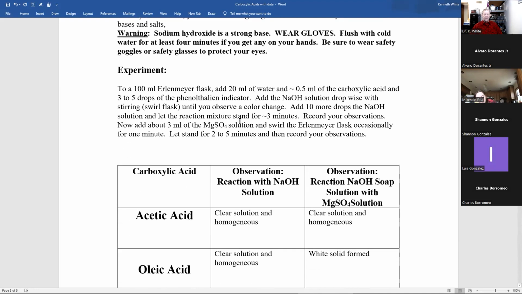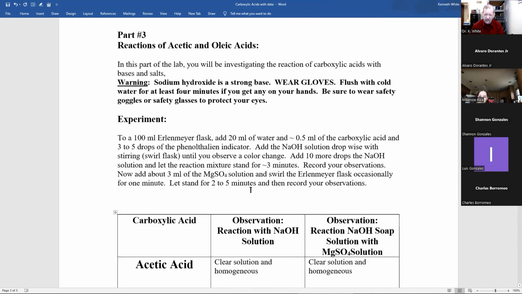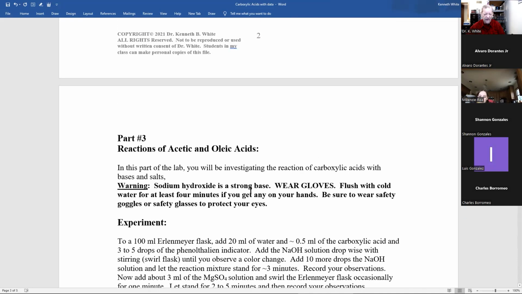Now, here's what you're going to do. You're going to react in water some acetic acid with sodium hydroxide. You'll do the same with oleic acid. And what you get is a clear homogeneous solution. And what are you doing?